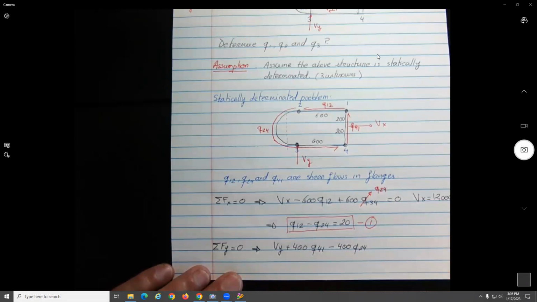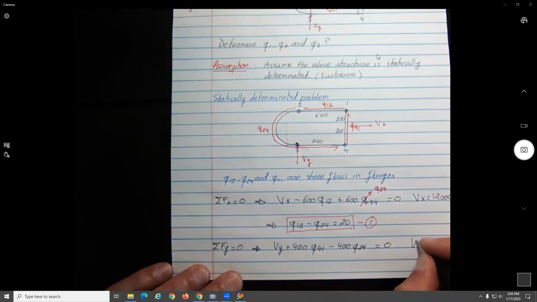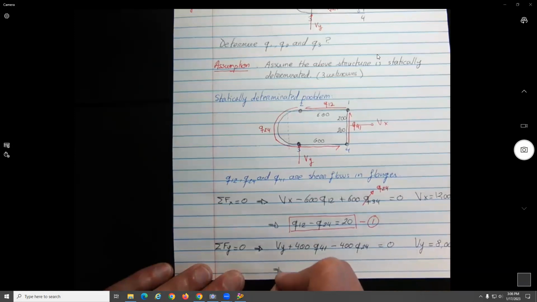Q24 equal to 0, and Vy was equal to what? 8,000. So from here, we can have the approximation of Q24.